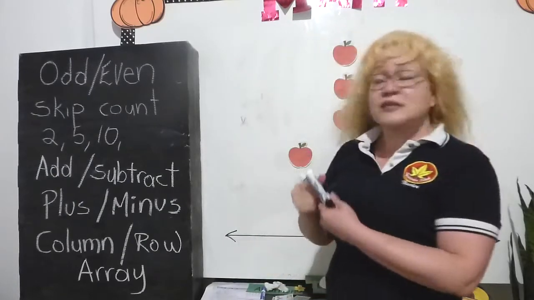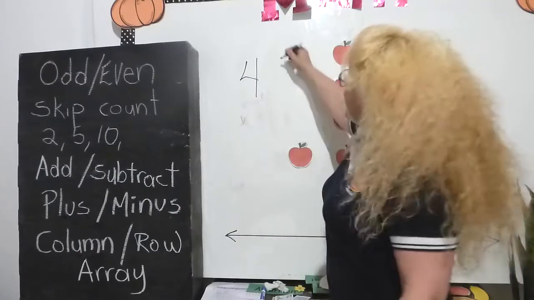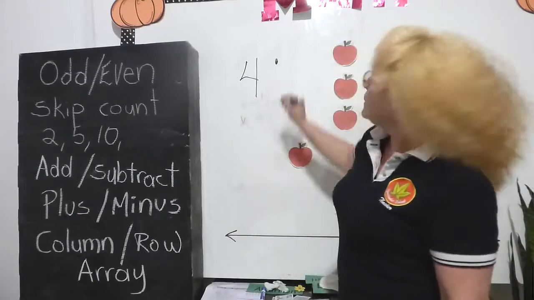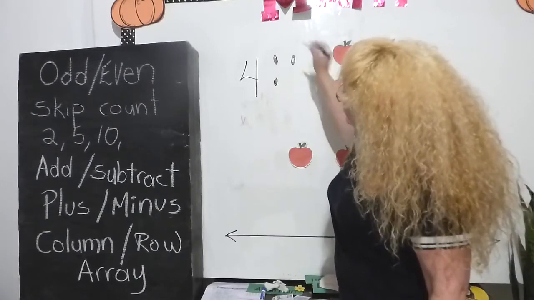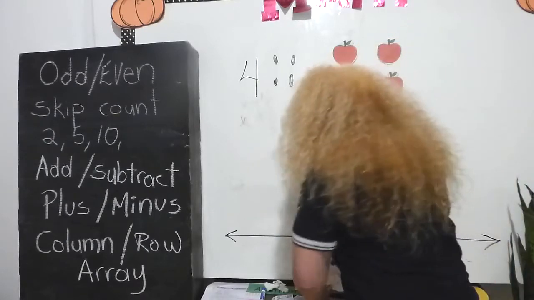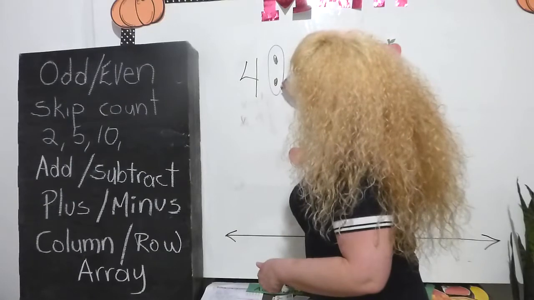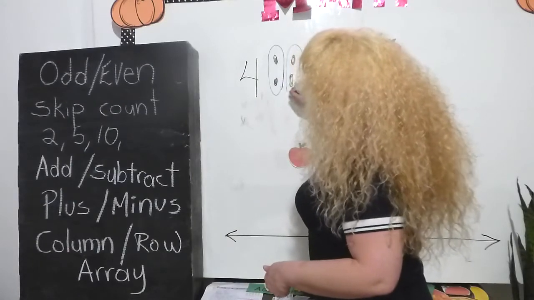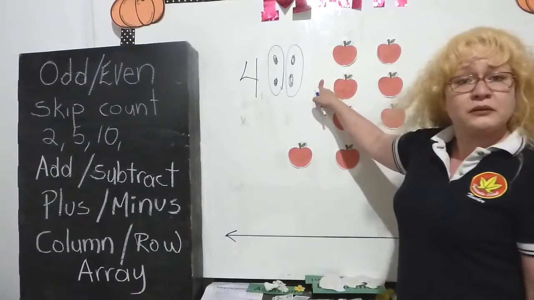Okay, the next number would be 4. And 1, 2, 3, 4. I am going to make pairs. Let's see. Do I have any left?